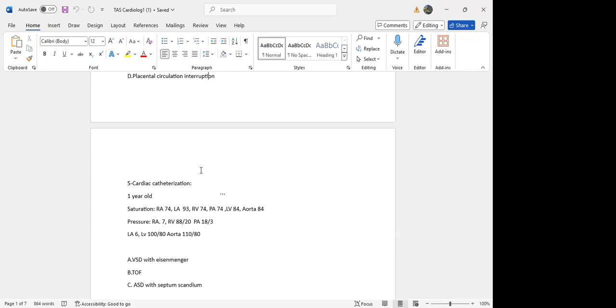So suddenly on the left ventricle side it has decreased. Sorry, and PA is 74 also.